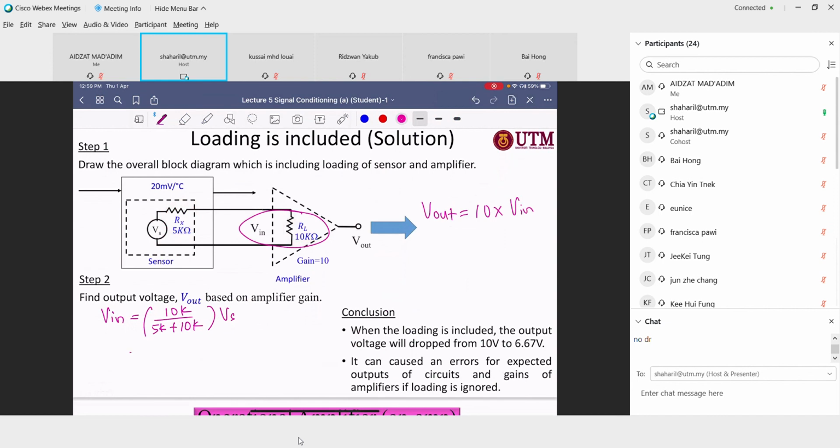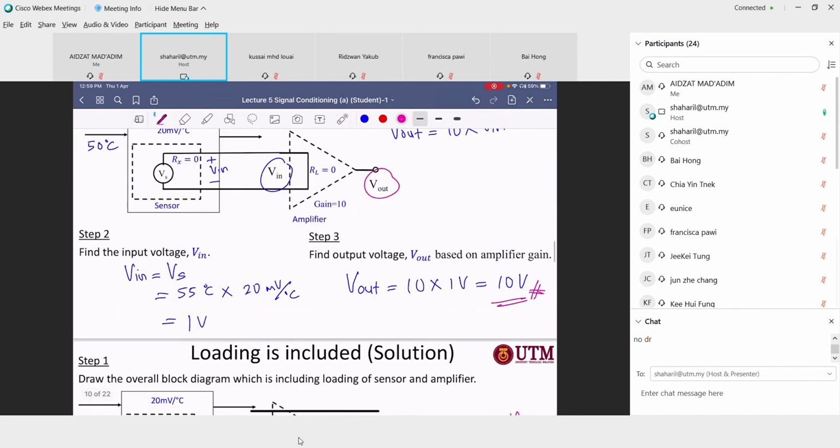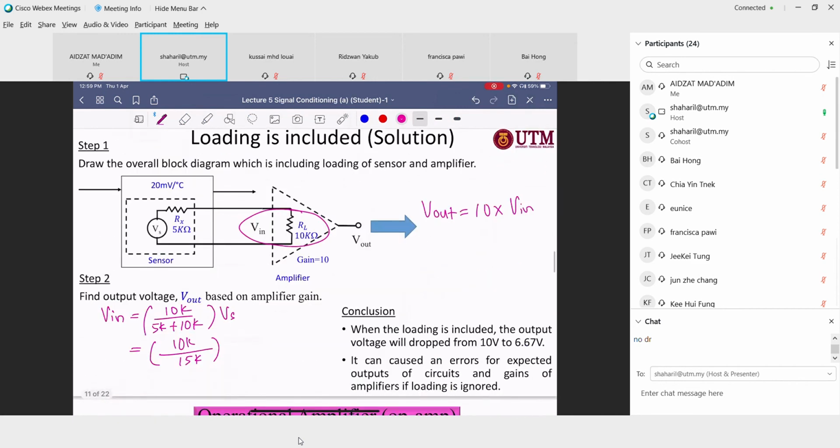So in this case, V in is 10k divided by 15k times Vs, and the Vs that we got before is 1 volt. So we get 0.667 volt.